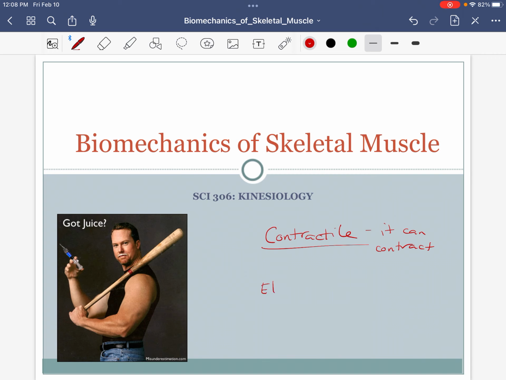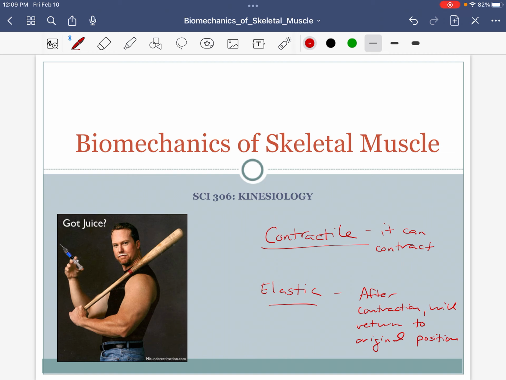Another characteristic I want to point out about this muscle tissue is that it has elasticity, which means it is elastic. What we're saying, folks, is after it contracts, muscle tissue can return to its original position. So it's elastic. After contraction, muscle tissue is built to return to its original position or structure.